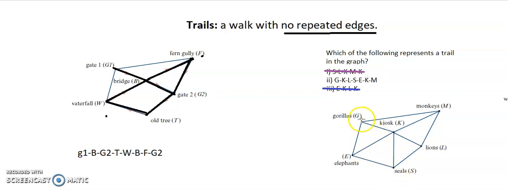So we've got G to K. Then I've got K to L. I've got L to S, S to E, E to K, and K to M. So here, it goes through a vertex that is common more than once, but it does not go through any edges that are the same.